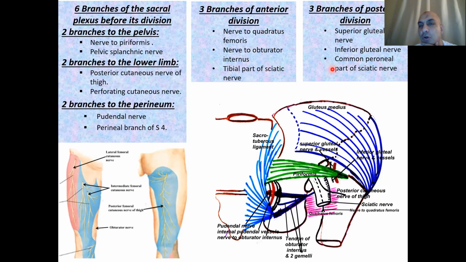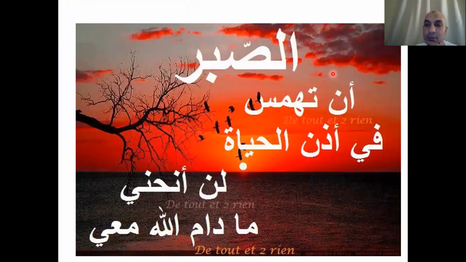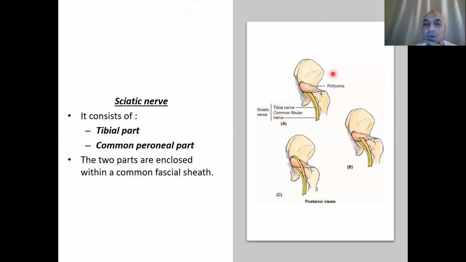Tibial from the anterior division, common peroneal from the posterior division. Sometimes the 2 components are not enclosed within the common sheath. They come separately. This sometimes occurs.